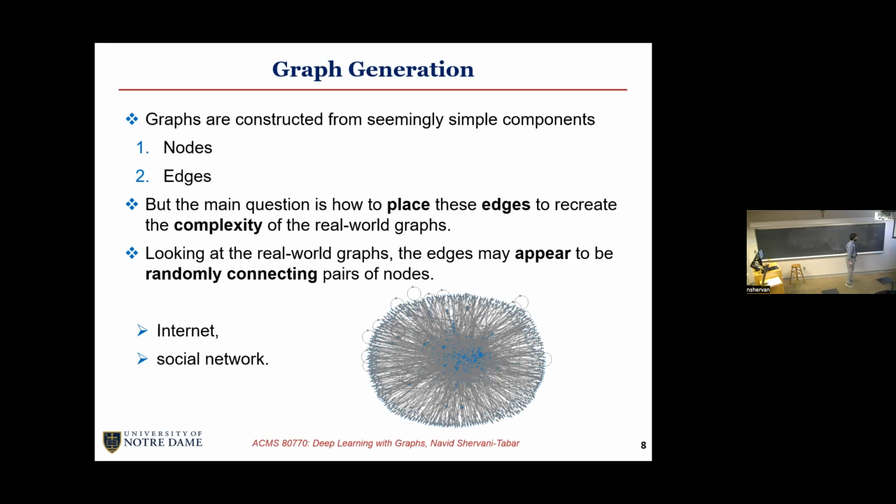These nodes represent different web pages on nd.edu in the 90s, from the work of Albert and Barabási, and the edges show which web page is linking to another web page. When you look at it, you can't really see an order here.